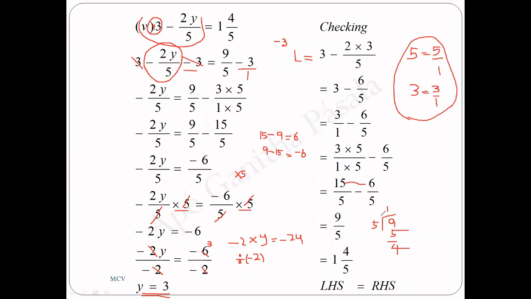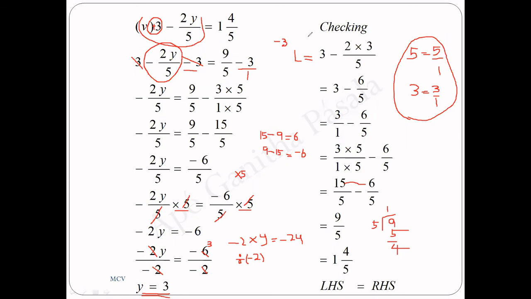So this 1 goes here. This remainder goes to the numerator. This remainder 4 is the numerator. This denominator 5 is the same.